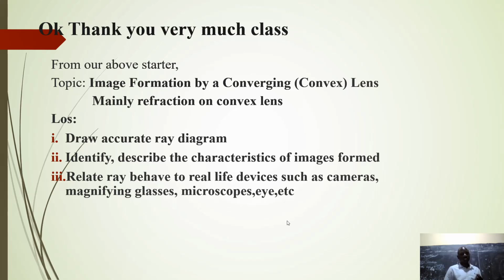Three, relate the ray behavior to real-life devices such as cameras, magnifying glasses, microscopes, and the human eye. These are the items we stated in our starter, and that's why this is the core of our lesson today.